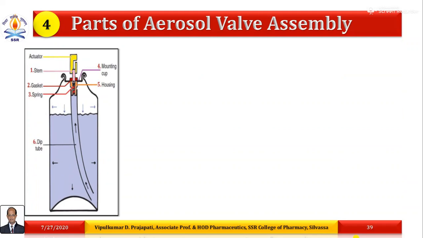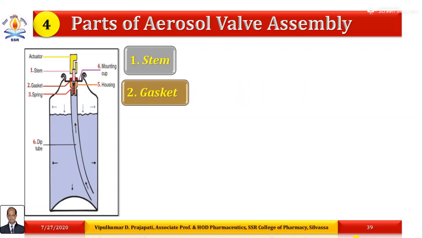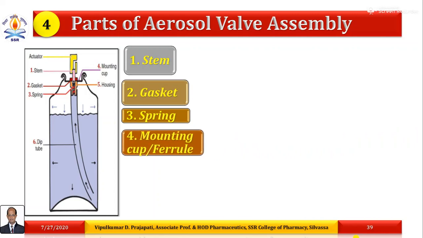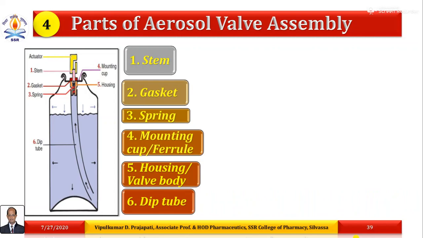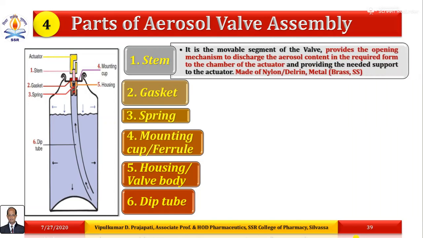So we are discussing all parts one by one. The first one is stem, second is gasket, third one is spring, fourth is known as mounting cup or ferrule, fifth one is known as housing or valve body, and the sixth component of the valve assembly is dip tube. The stem is the movable segment of the valve, providing the opening mechanism to discharge the aerosol content in the required form to the chamber of the actuator and providing the needed support to the actuator.